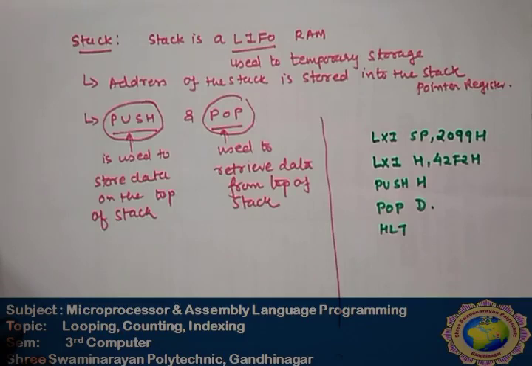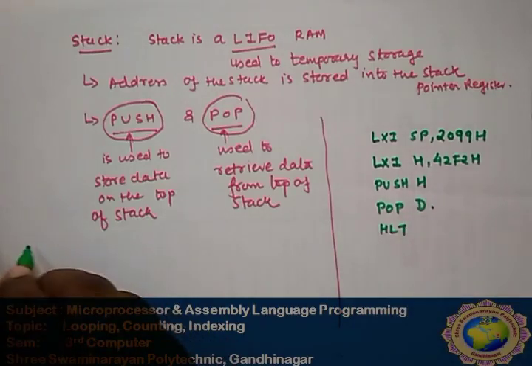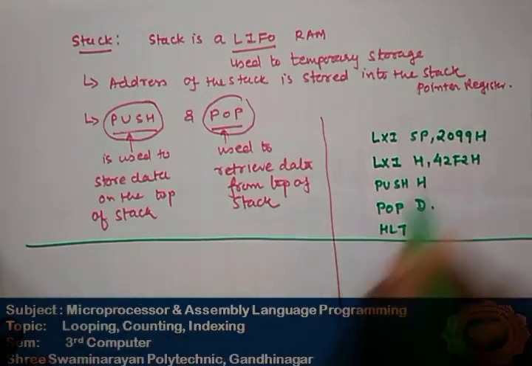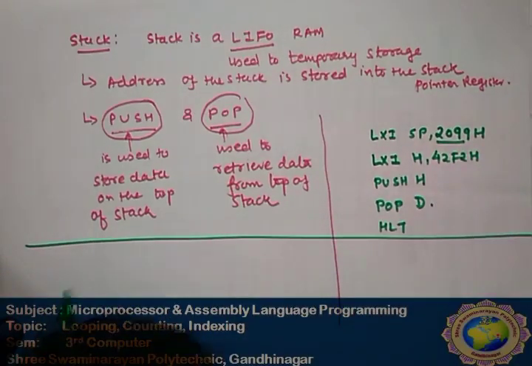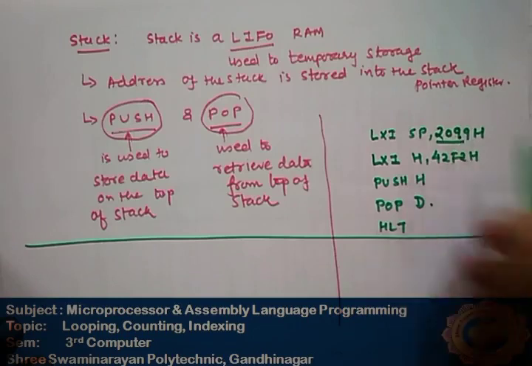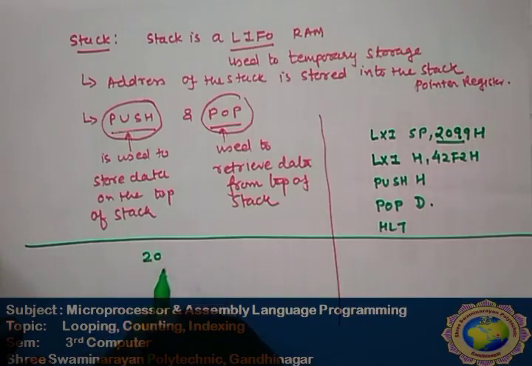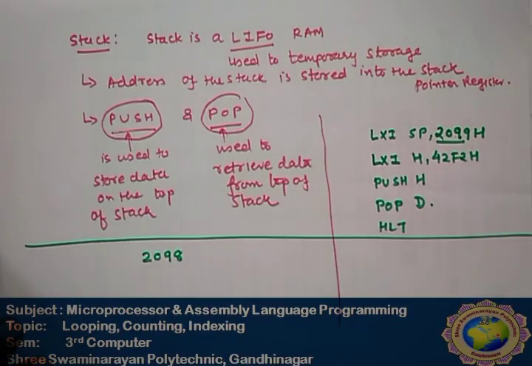So first, what is performed? How is the data transferred? The exact operation is like this. First the stack pointer is decremented by 1. So here there is 2099, and here 2098.